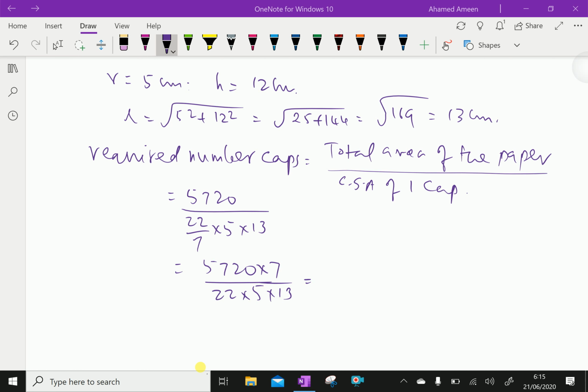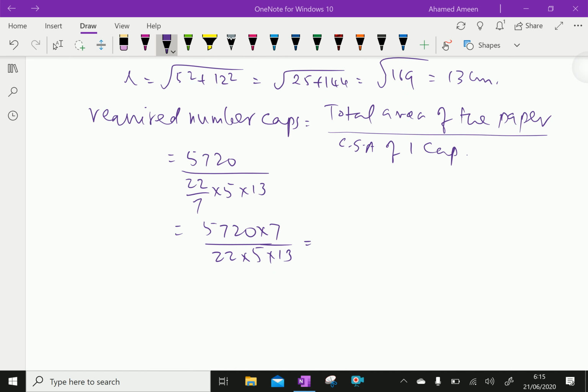Here it goes by 11: 2 11s are 22, 5 11s are 55, so 520. Cut by 13: 4 13s are 52, so 40.